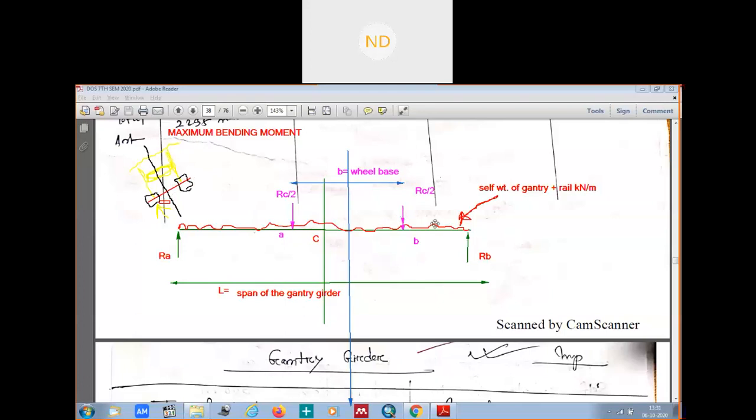These two wheels must be placed so that the distance from the center of the gantry girder to the nearest wheel, and the distance from the center of the gantry girder to the center of the wheelbase, are equal. Your maximum bending moment will be where these two distances are equal.